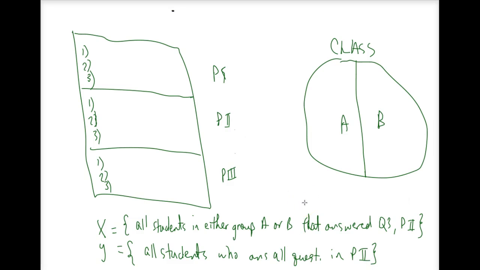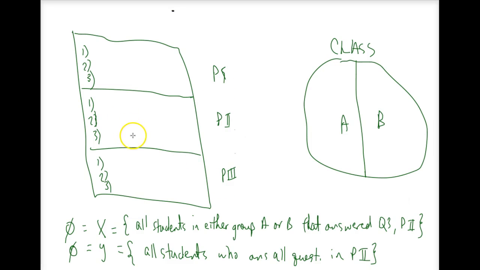Now, here's the point that I'm trying to make. We know that all the students in either group A or B that answered question 3 has no members to it, so this would be equal to the null set. We also know that all the students who answered all the questions in part 2 would be the null set as well.